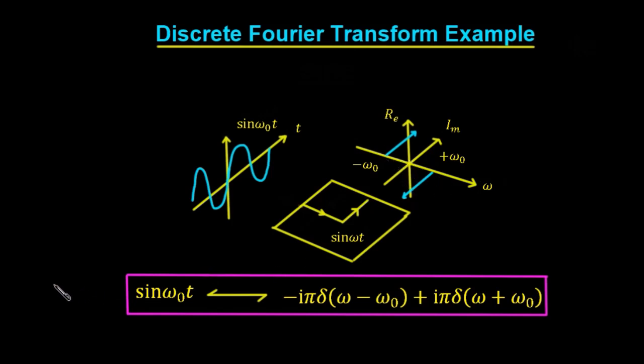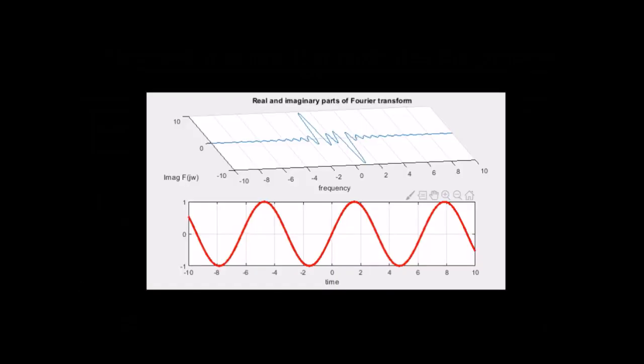So you can have a look at this in MATLAB as well, and I'll show you the MATLAB output. I've left the MATLAB file there for you to go and recreate this if you want to. So we have a sine function here, and the Fourier transform of it is shown above. Now this sine function has been cut off at this point and this point here, so obviously it doesn't go off to plus and minus infinity.